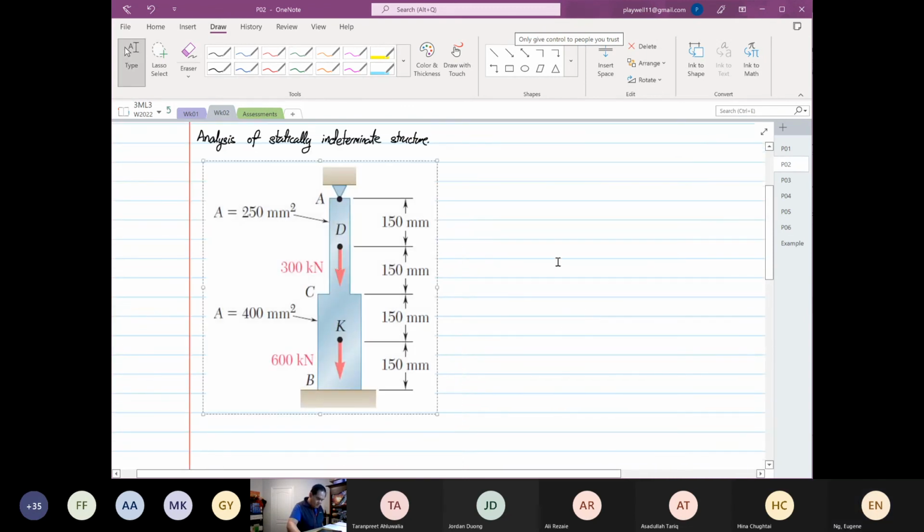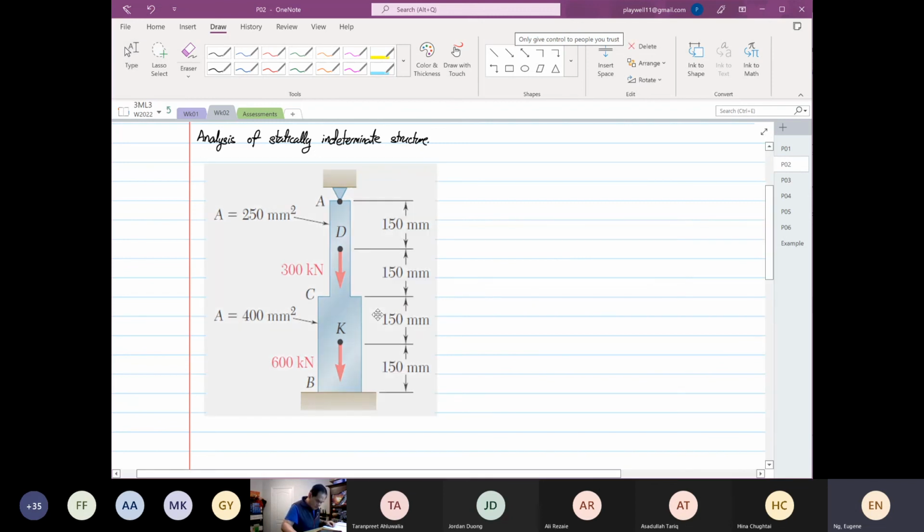As you can see, this structure is very similar to what I've drawn earlier, except now it is in the vertical position deliberately. So today we can also apply our hangman theory to this example. We see a structure like this, and we realize that the structure is statically indeterminate.